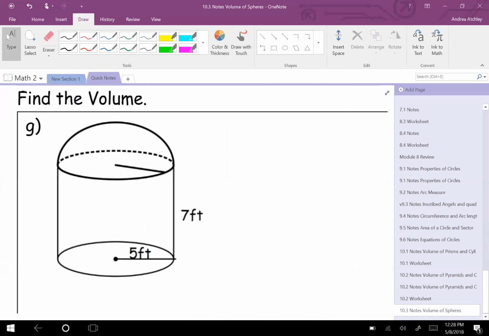Find the volume. Okay, so we have 2 figures here. I'm going to find the volume of the cylinder first. Does anyone remember the formula for volume of a cylinder?